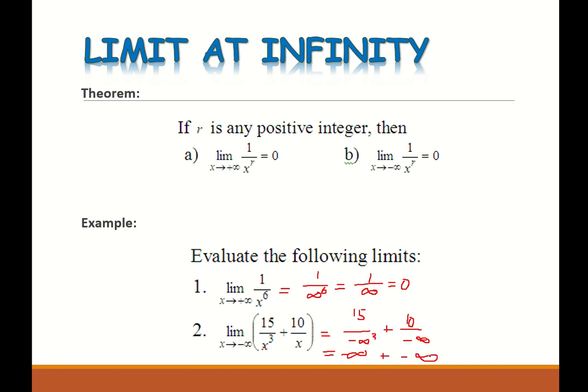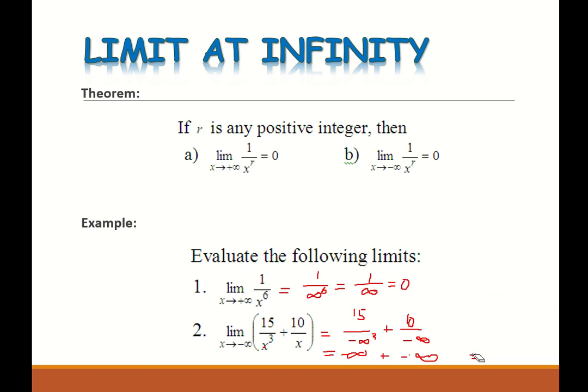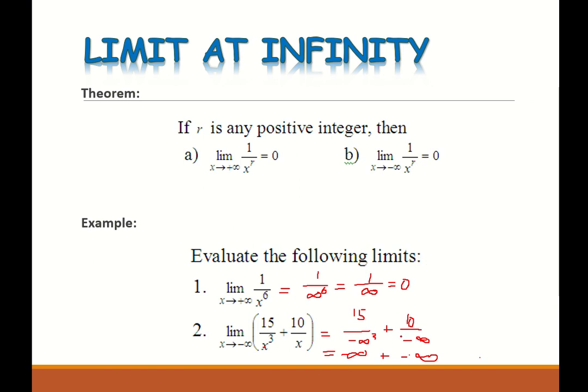So you have now negative infinity plus negative infinity, that is 2 times infinity, or simply negative infinity. So the answer here is negative infinity plus negative infinity, that is still a huge number, which is negative infinity.